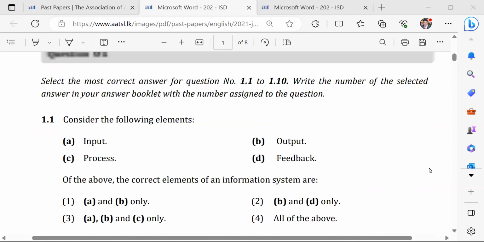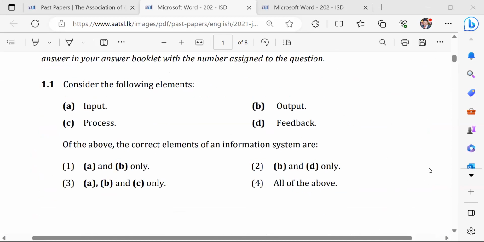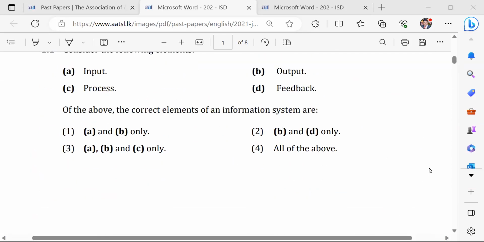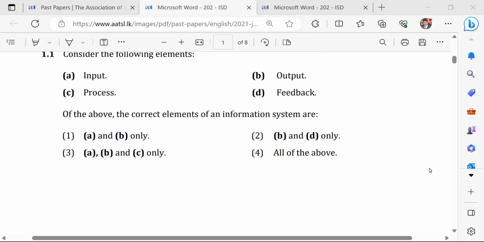In MCQs, for basic information technology concepts, a few questions come. In this type of question, some parts are given as A, B, C, D, and it asks which one is correct regarding a specific concept.